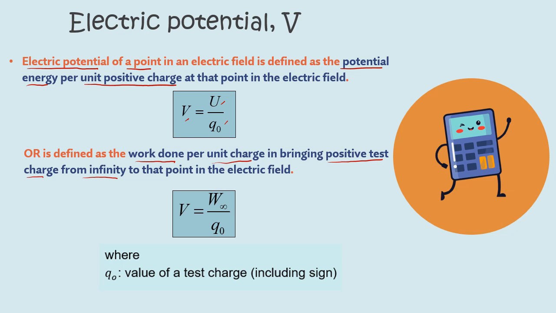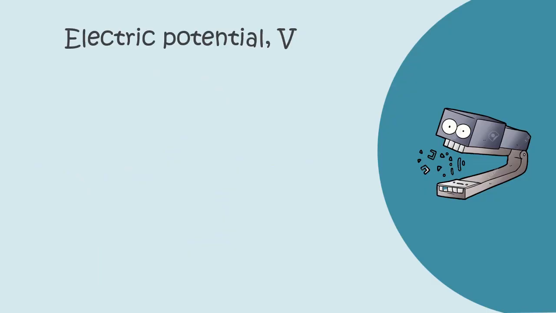In the calculation, you must include the sign of the charge. Electric potential is a scalar quantity. The SI unit of the electric potential is the volt, or you can use the symbol capital V, or joule per coulomb.